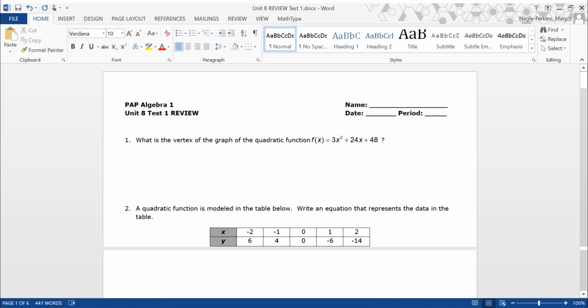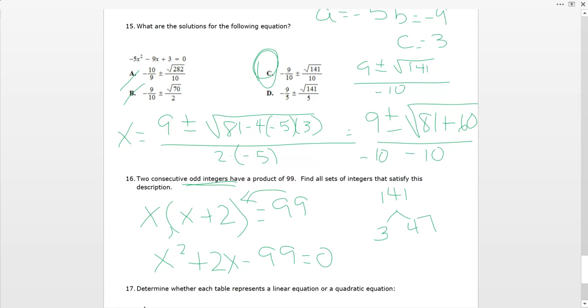Second, trace 5. Where'd my blinky thing go? Come on. Oh, there it is. Enter, enter, enter. So I also have an intersection at negative 11, which the next consecutive odd integer would be negative 9. And negative 9 times negative 11 also equals 99. So there actually are two answers.